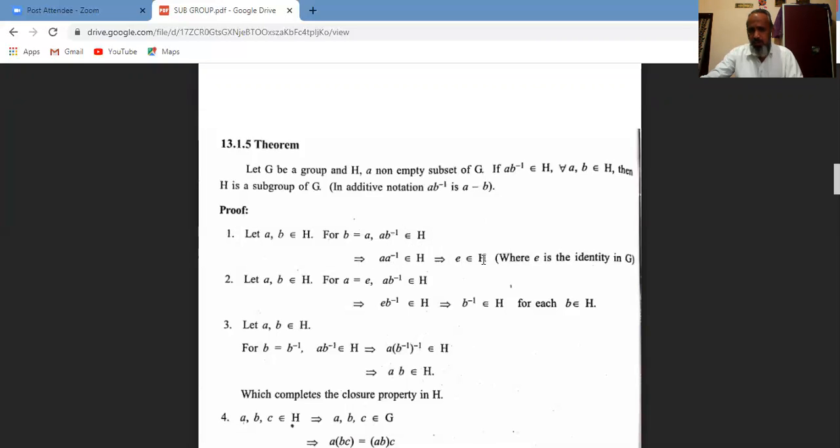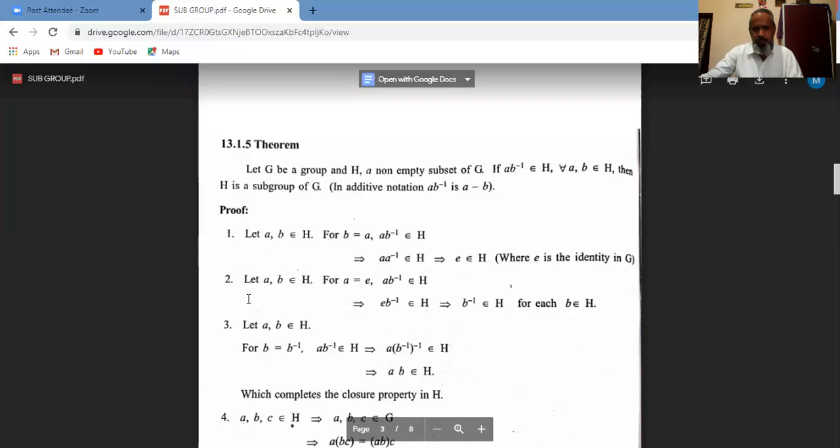So E belongs to H. So by taking B is equal to A, and with this property A B inverse belongs to H, whereas A, B belongs to H, we are getting the identity element belongs to H. So the identity element exists in G. What is E? E is the identity of G. The same identity element will be in H.